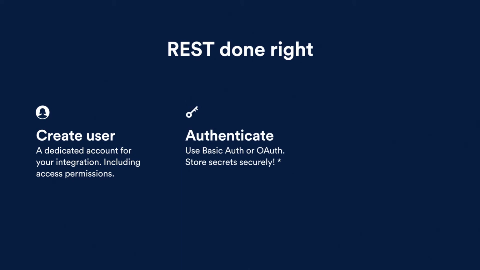Second part is you need to authenticate. In our case, we'll be using basic auth because it's much simpler to set up, but JIRA supports OAuth. You'll be basically doing a REST call, and JIRA needs to know who you are and that you are actually the right person. So that's why it needs passwords. If you need to store secrets, just store them securely, hash them, salt them, or store them in environment variables, as I've shown.